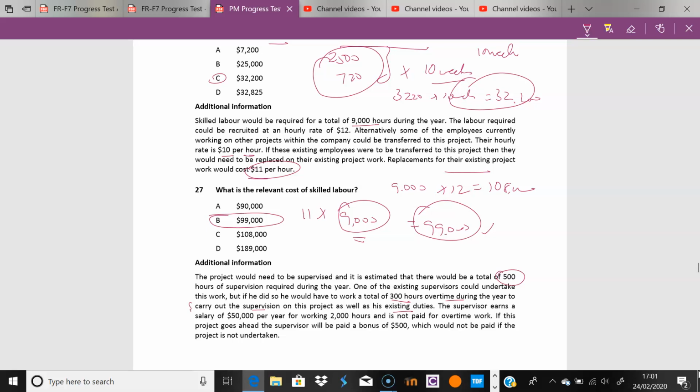So it seems they've gone for this being paid within a salary context. I mean, really, they haven't given us the actual overtime rate, which I think is the issue here. If he goes ahead with this project, they'll have to pay a bonus of £500 if the project is undertaken.